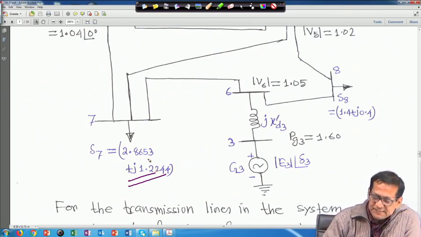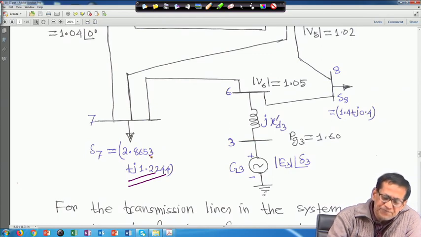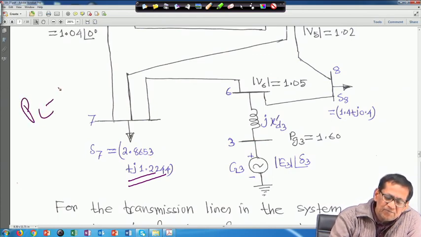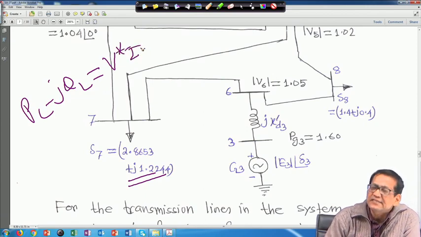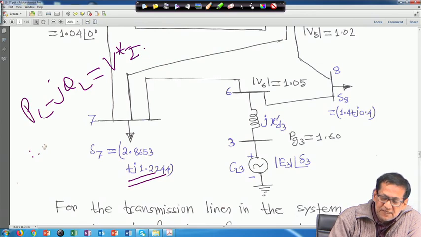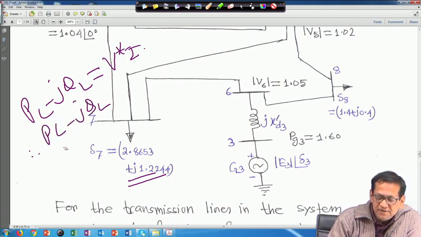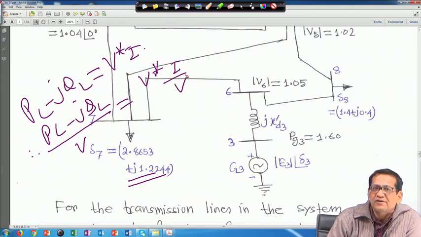In general, PL minus jQL is equal to V conjugate I. If we divide both sides by V, we get V conjugate I by V.